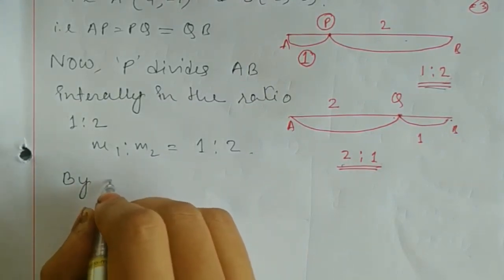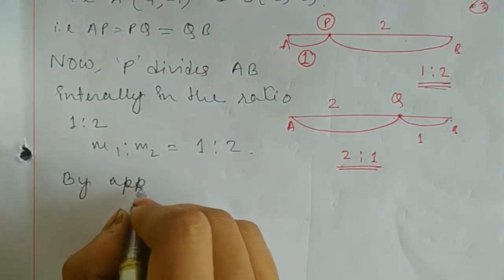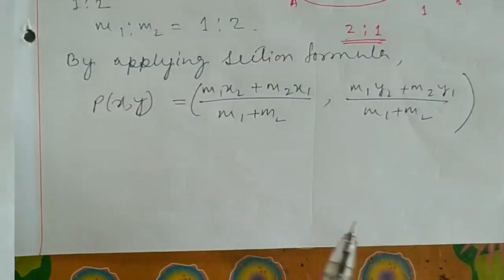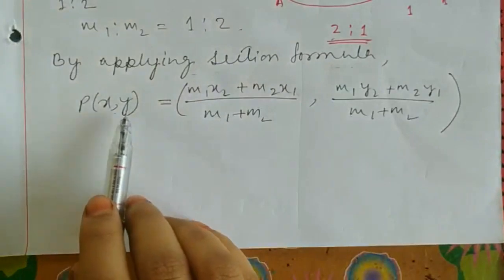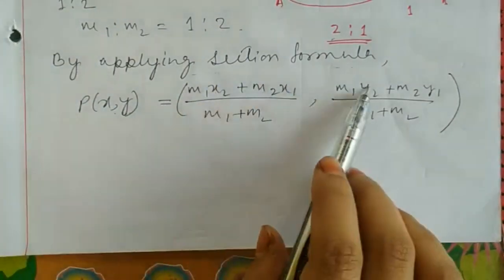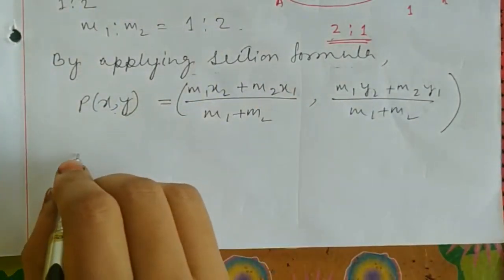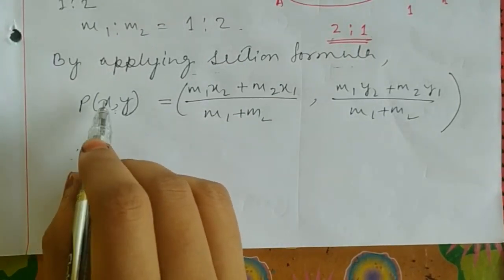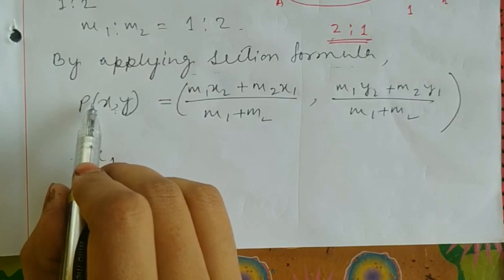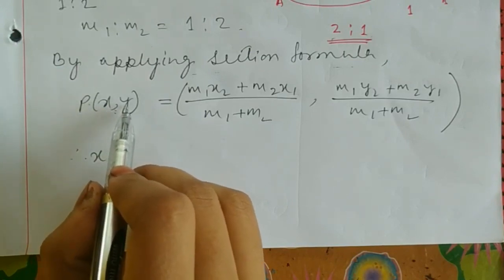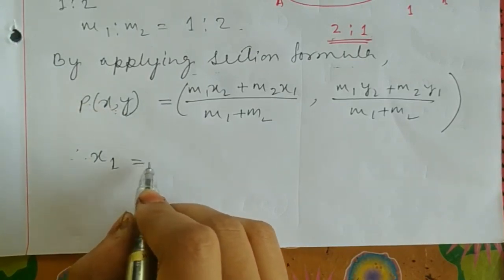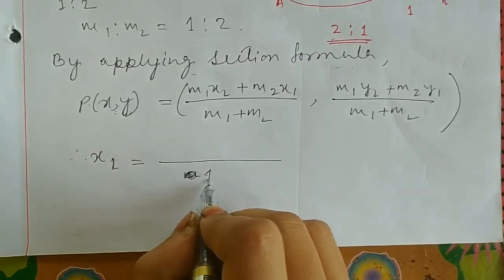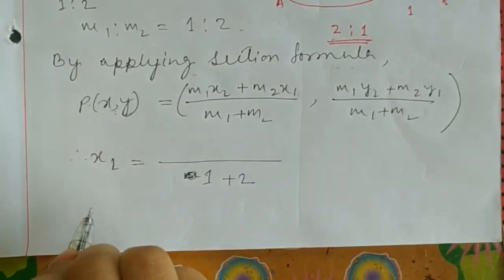By applying the section formula, P of x comma y is given by the section formula. Let the coordinate of P, x comma y, be x1, y1. So x1 equals what? m1 is 1 and m2 is 2.